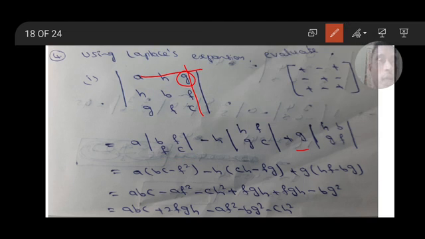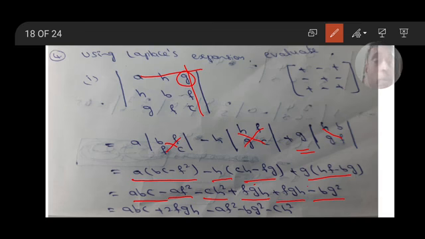You have to simplify, AD minus BC. So A into (BC minus F squared), minus H into (HC minus GF), plus G into (HF minus BG). So simplify. A into BC is ABC, A into F squared is AF squared, minus H into CH is CH squared, plus FGH, G into HF is FGH, minus BG squared.